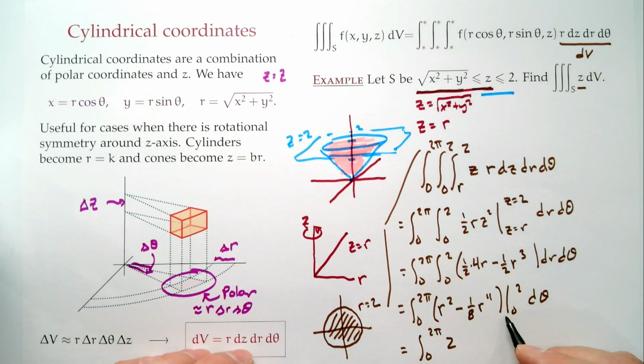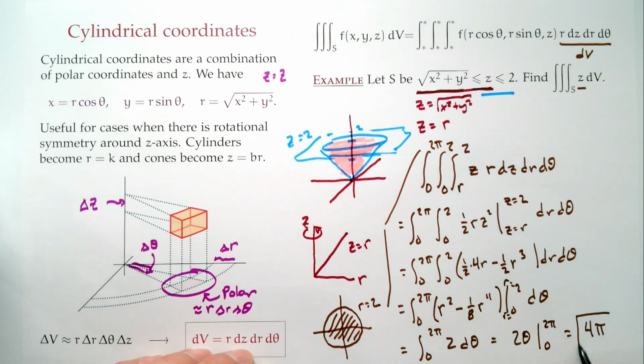I should have specified these are r equals 0, r equals 2. So last integral, well, that's not bad. That's the integral of 2 theta from 0 to 2 pi, giving us our final answer, 4 pi. Good. That's not so bad. And once you have the right coordinate system, it isn't. It's not bad at all.